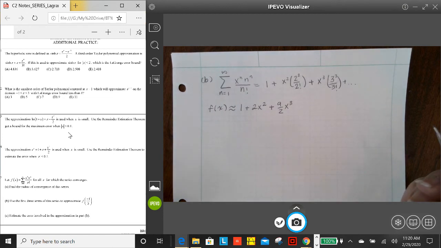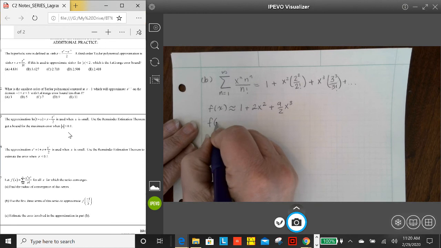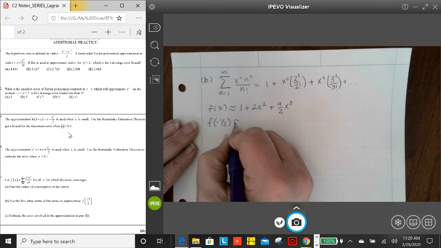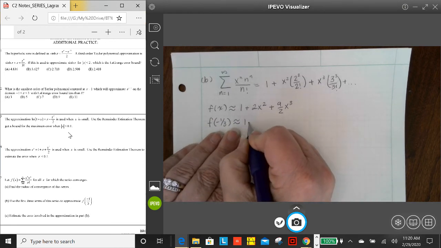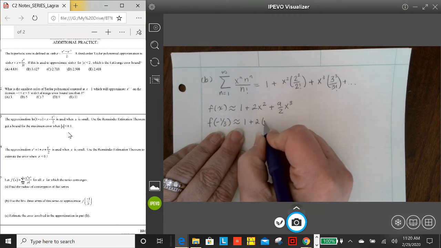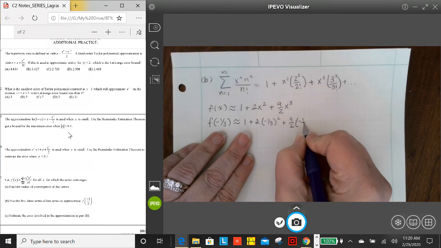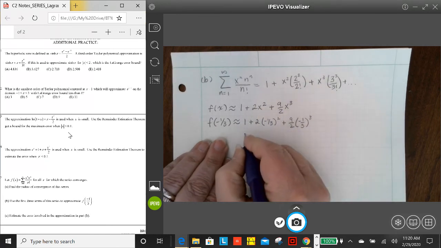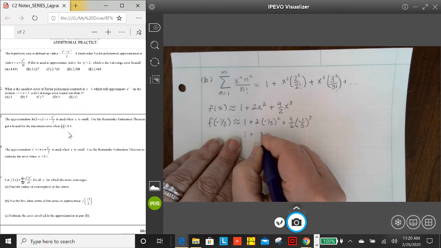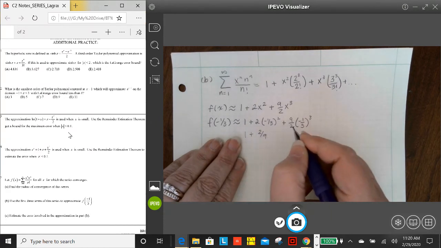All right. So I need to approximate f of -1/3 using those three terms. So this is going to be 1 plus 2 times -1/3 squared plus 9 halves times -1/3 cubed. So that's 1 plus 2 ninths.